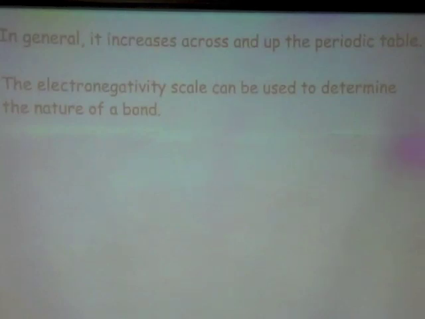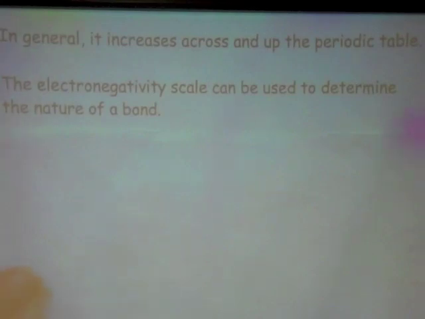So the electronegativity scale can be used to determine the nature of a bond. So if there is a large difference in electronegativity, one atom is going to be able to rip an electron away from the other one. If their electronegativities are pretty similar, then they are going to share electrons. Nobody's going to be able to rip an electron away from the other.